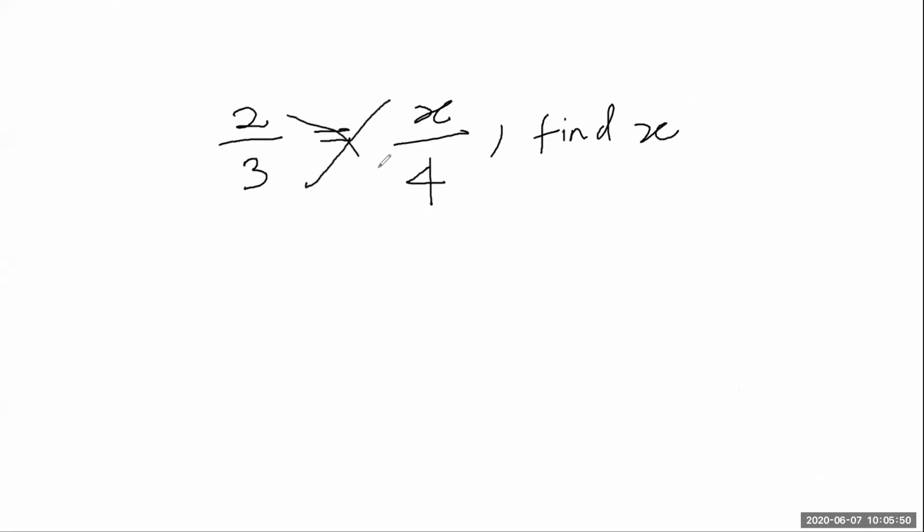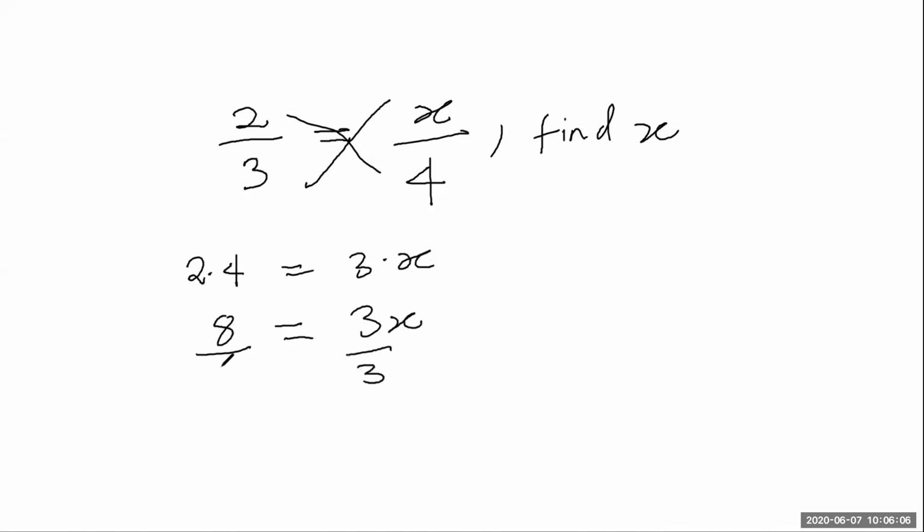This means that 2 will multiply 4 and 3 will multiply x. So I have 8 is equal to 3x. Now we want x, so we divide both sides of the equation by 3. So we have x equal to 8 over 3.